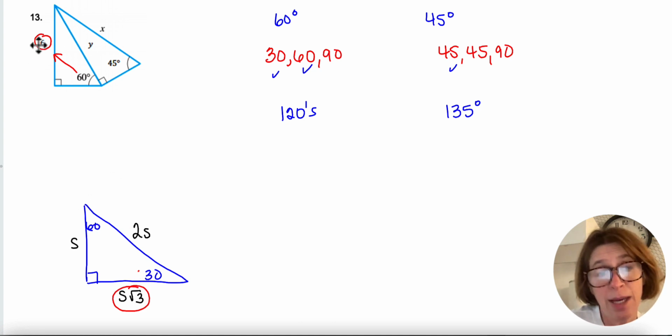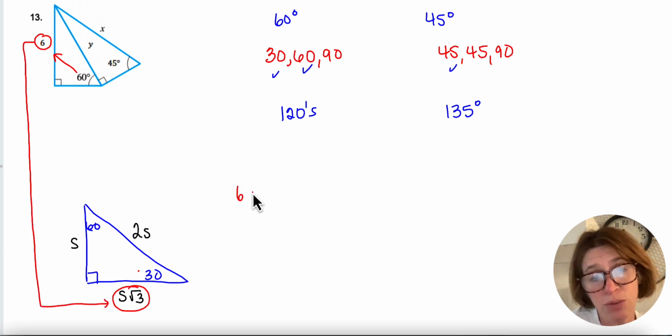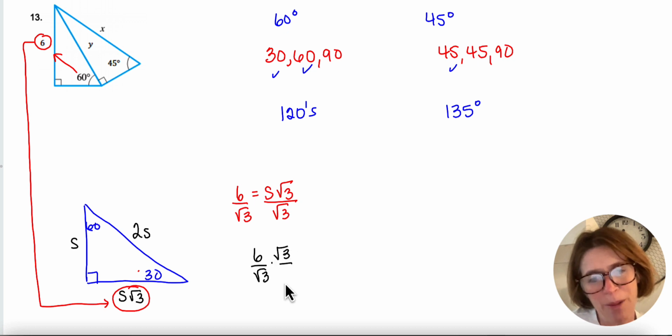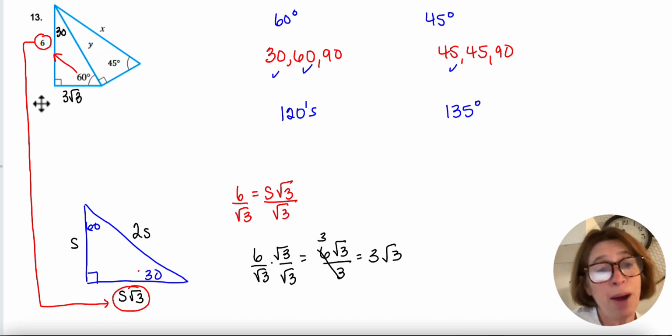One way some teachers teach this is to set the relationship equal to each other: 6 equals s root 3, and that helps me recognize that I have to divide by root 3. So I get 6 divided by root 3. In Algebra 2 we have to rationalize the denominator, so we multiply by root 3 over 3, giving me 6 root 3 over 3, and simplifying that to 3 root 3. So now I know the side opposite 30 is 3 root 3, and the hypotenuse would be double that, so that would be 6 root 3.